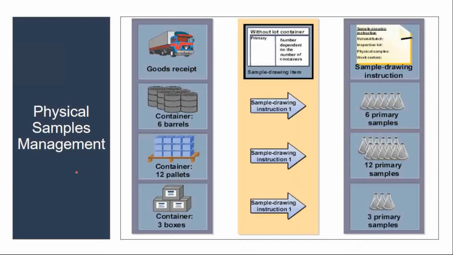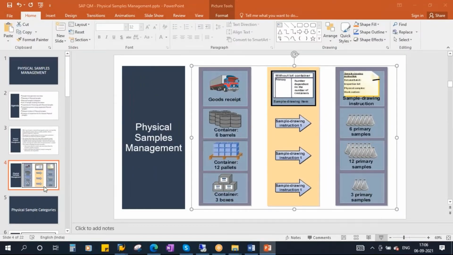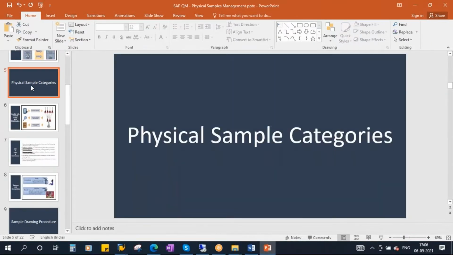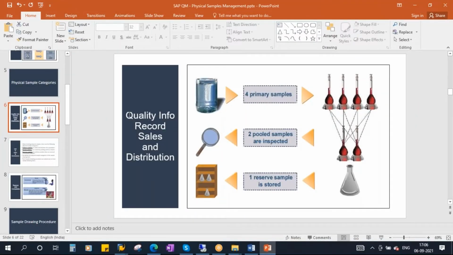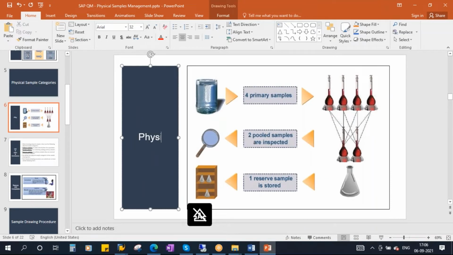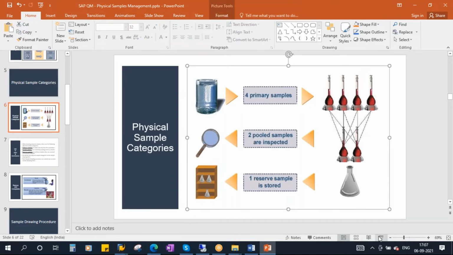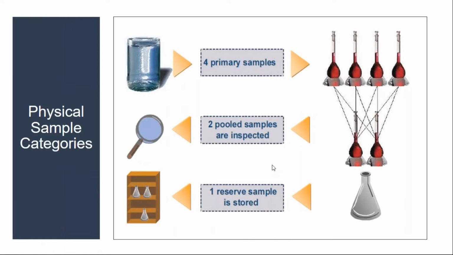Now, before going into the sample drawing procedure, we will understand physical sample categories. Let's talk about physical sample categories. There are 3 types of physical sample categories: primary samples, pooled samples, and reserve samples.